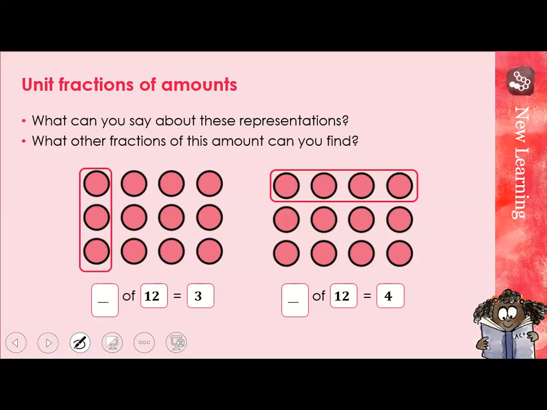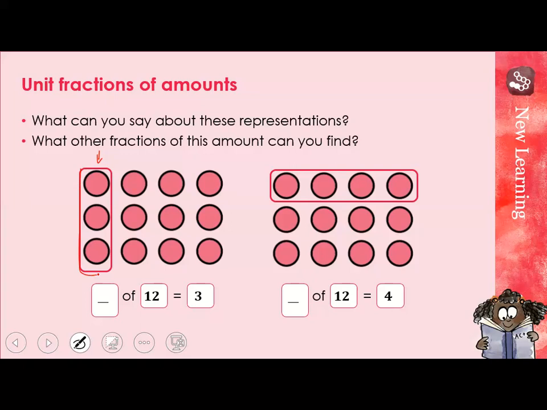Okay, so let's have a look at this one on the left first. So I am looking at, I have a total set of 12 circles, and I've highlighted 3 of them here on the left. What fraction of them have been highlighted? So let's have a think. How many columns of 3 have I got?